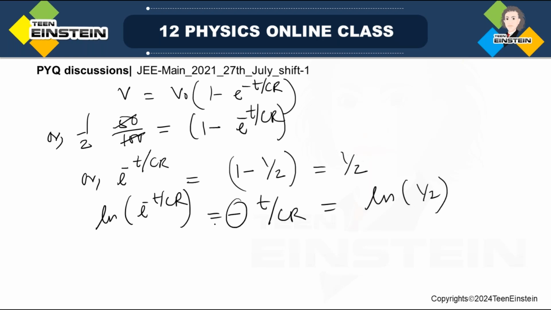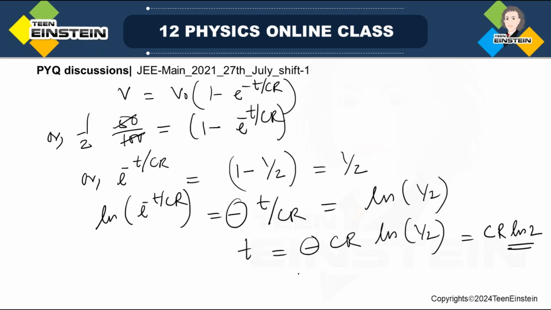So this minus I have to remove, so I can write t is equal to minus CR ln half. So this minus you can just bring it here as minus 1, so that you get CR into ln2. So t will be CR into ln2.